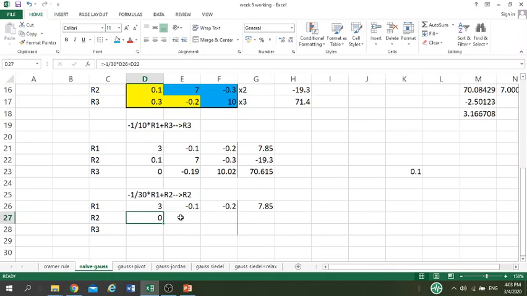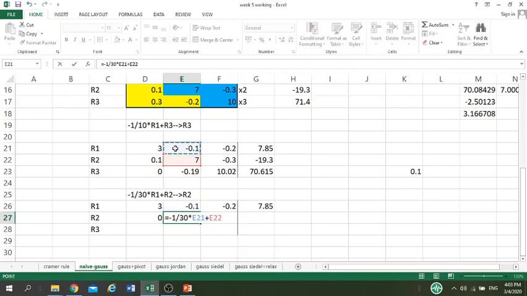So we do the same thing for the other values. Okay, here minus 1 over 3 times row 1 here, times plus 7, give us, or I should select this instead.